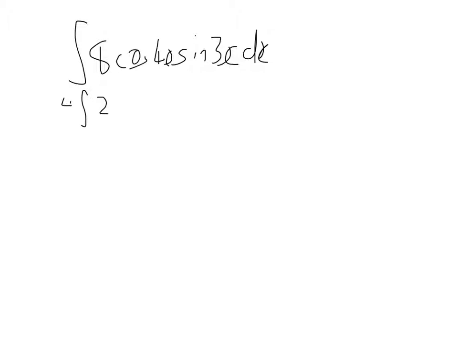So just bring that 4 out. Because that's all about integration, we can actually just take a constant to the front. So we can multiply or divide by a constant, and that's fine as long as we put it at the front. Alright, so that's another strategy that you can use.